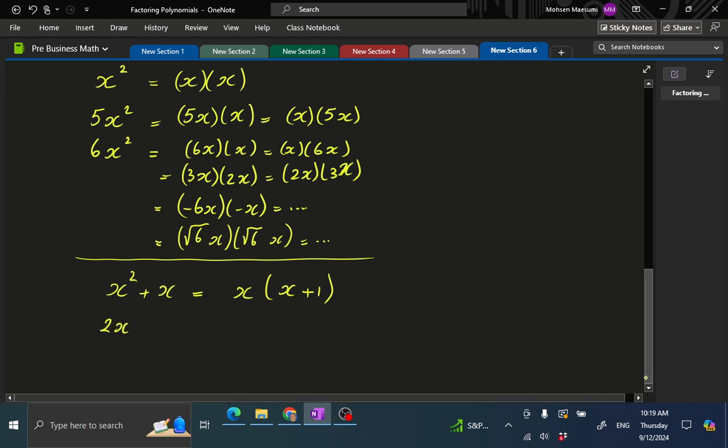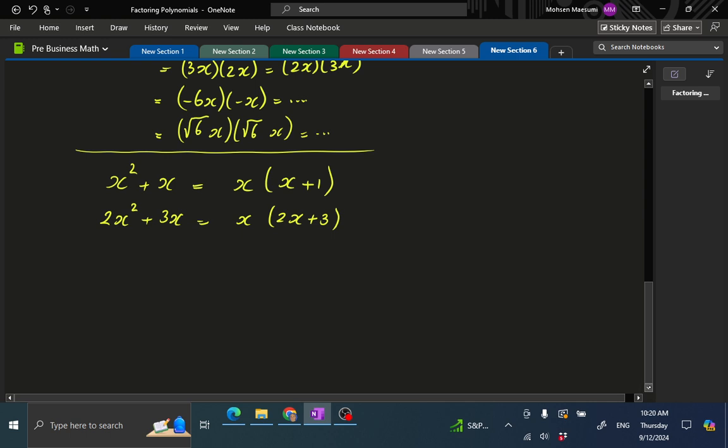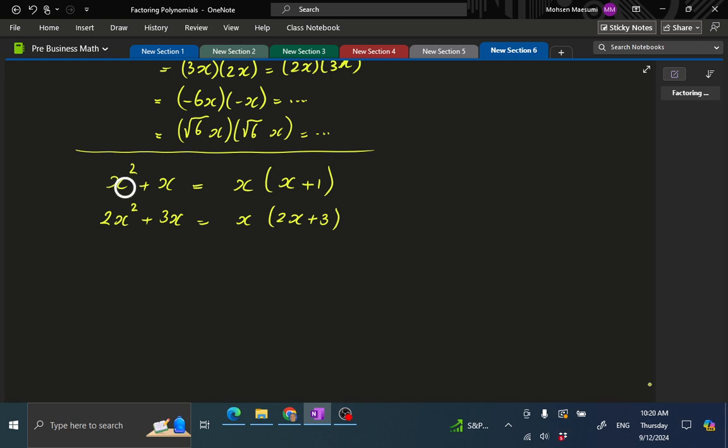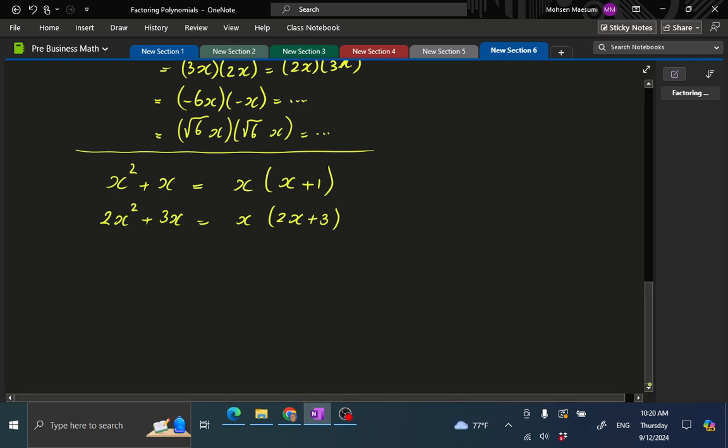And if I had 2x squared plus 3x, of course I can still factor out an x, and then the big parenthesis is going to be 2x plus 3. So those are nearly trivial cases of factorization. We are factoring out a common factor. The common factor of these two expressions is an x, and that is rather straightforward.